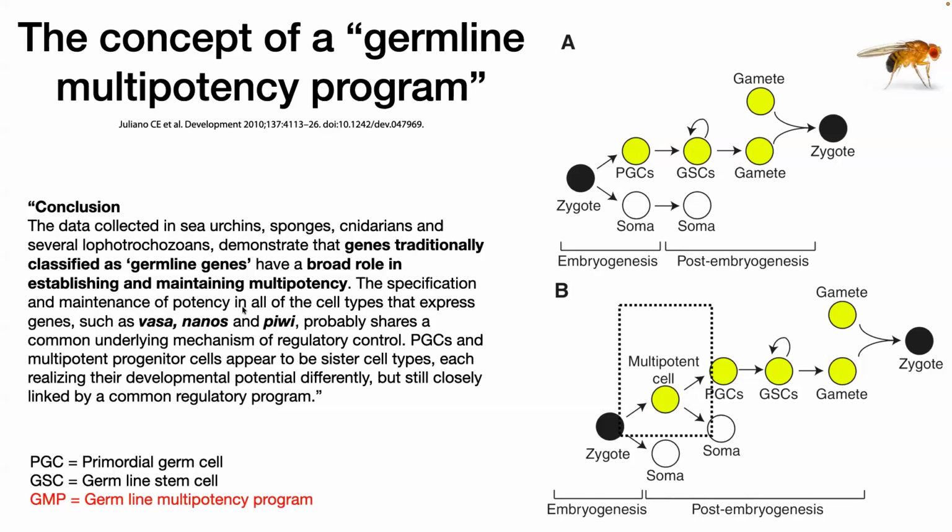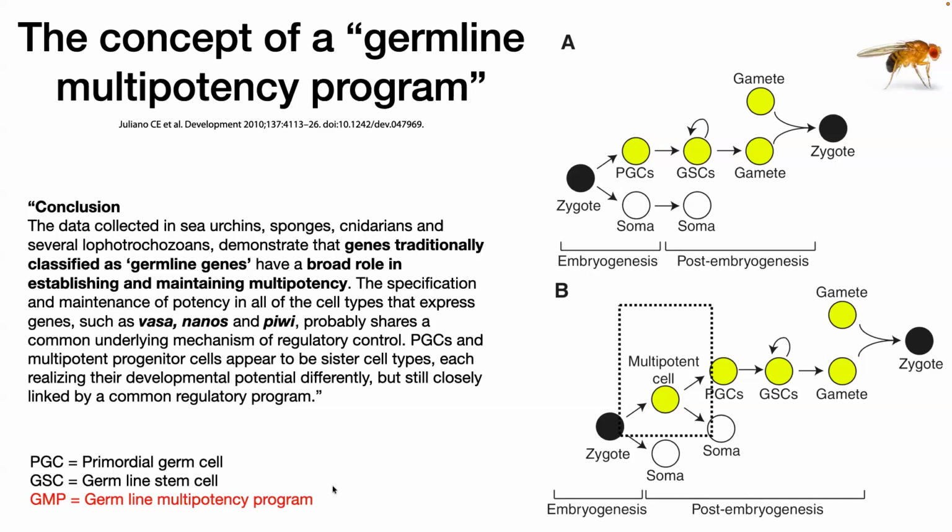And so, using markers like VASA, NANOS, and PIWI, these researchers suggested that we can explore more of the somatic stem cell functions also in other animals. And the term they then used for describing collectively the gene set is this germline multipotency program, which is, as the name suggests, related to the germline program of the fruit fly, but in a more general way responsible for determining stem cell fate.